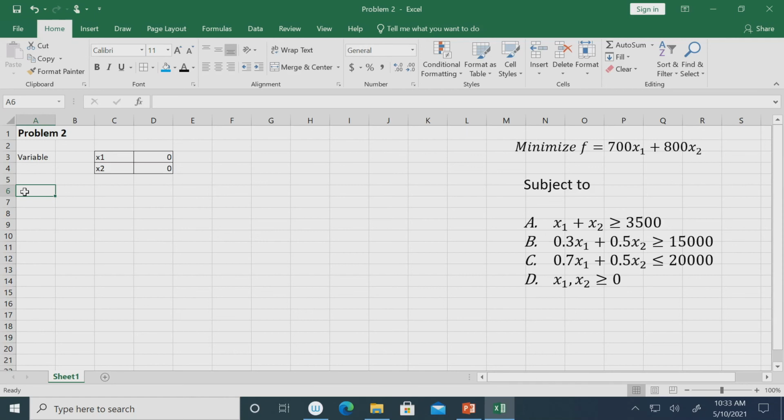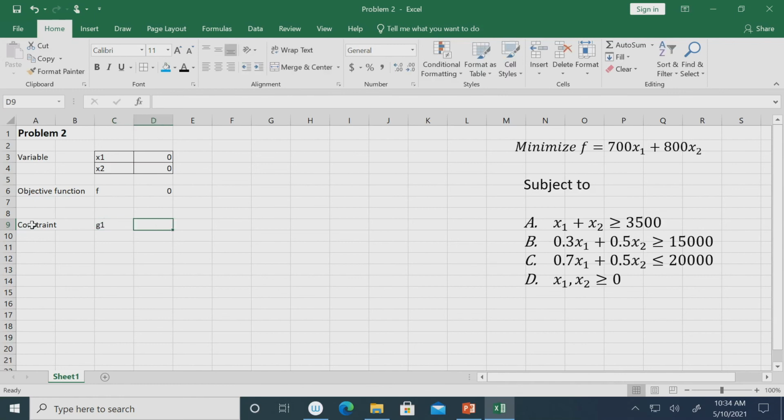Let us define the objective function. That is f equal to 700 star x 1 plus 800 star x 2. So, this is my objective function. Now, let us define the constraints. We have 3 constraints here.